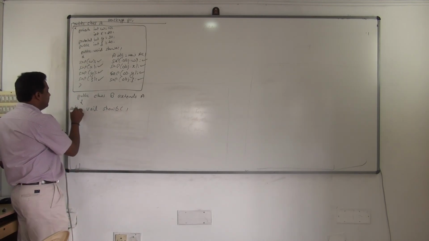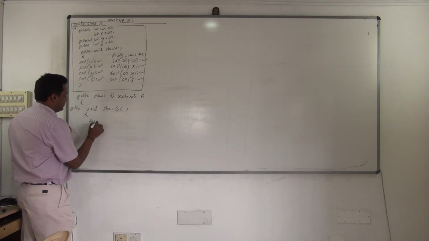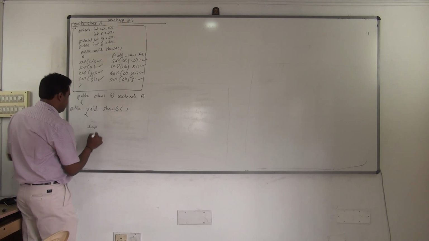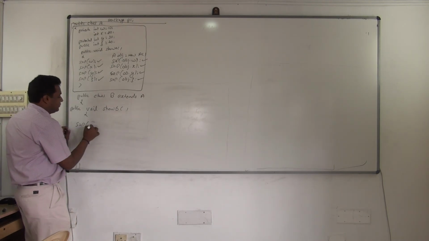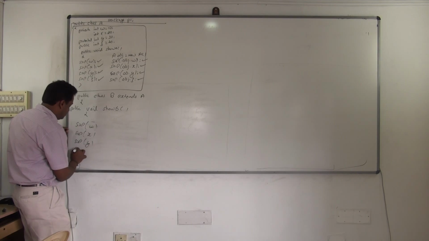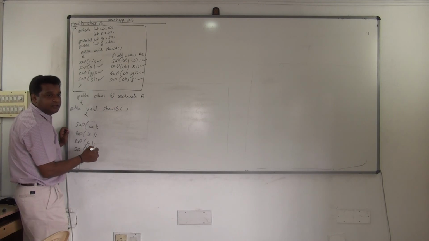Okay, so all these methods I'll make as public. You'll understand why. Now see this. Here I'll access one without object. See here directly. SOP W, SOP X, SOP Y, SOP Z.